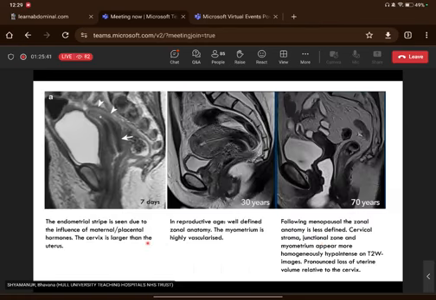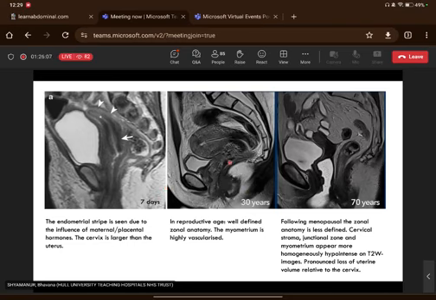A quick note about age, because the uterus can look different a lot of the time. In the very young, just after birth, you can see an endometrial stripe purely due to the influence of maternal and placental hormones, and that very quickly disappears after the baby is born. And the endometrial stripe doesn't really return again until puberty.